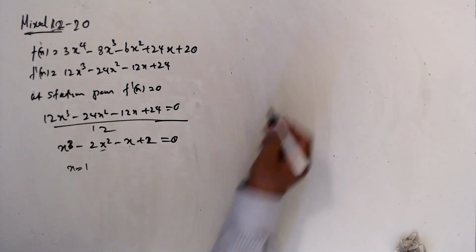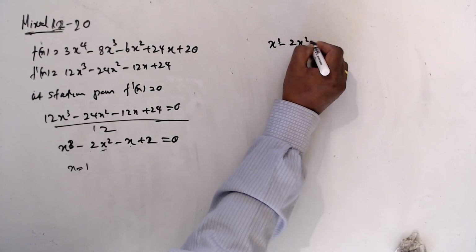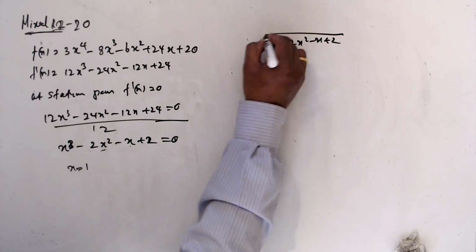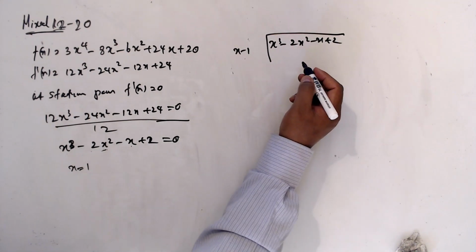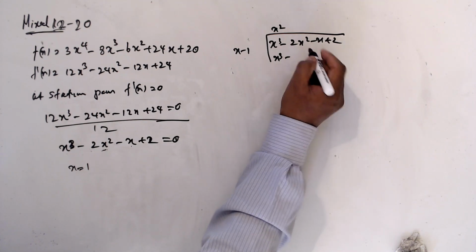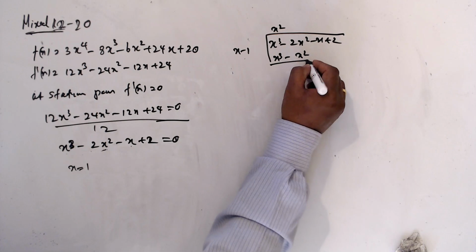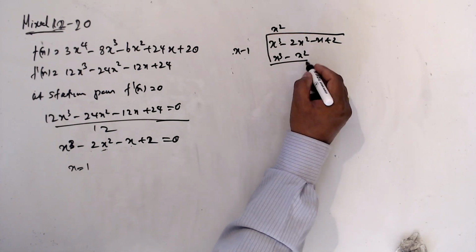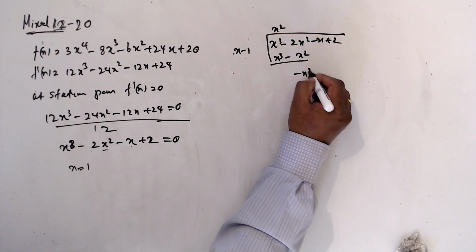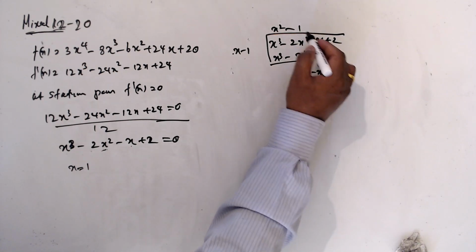So then I have to divide this one, x³ - 2x² - x + 2 divided by x - 1. So this is x², this is x³ - x², then this is going to be -x² - x, then this is -x.